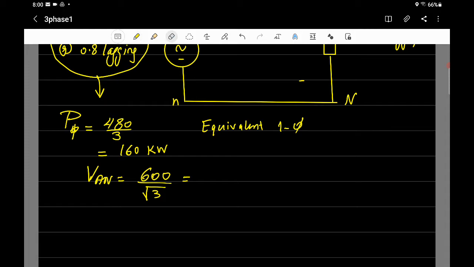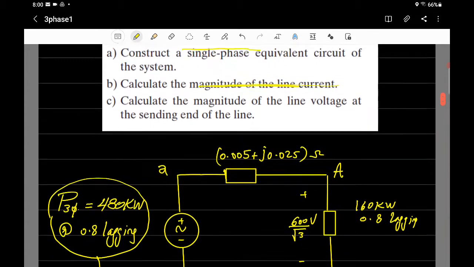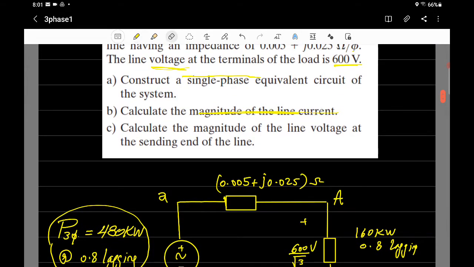You don't have to find the value, you can write it like that. And you might even assume it's the reference. So if you want to write the phasor, you write V_AN is equal to 600 divided by square root of 3, and the angle is 0. Take it as a reference. So we have all the information. Yes, we do. The information that's given is already expressed in this diagram.